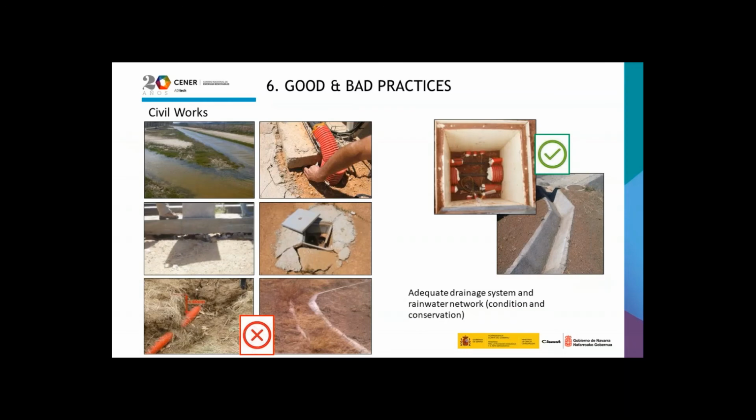An adequate drainage system and rainwater network, its condition and its conservation can avoid potential risks for the PV installation.